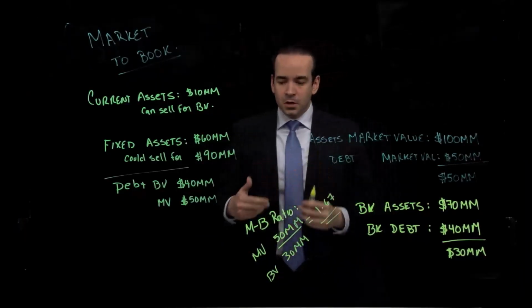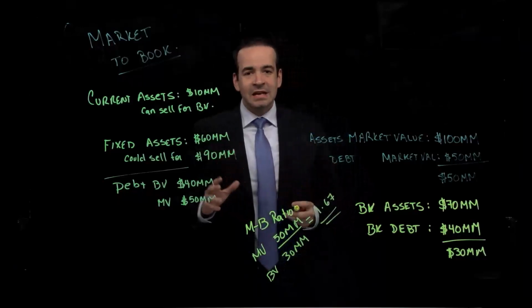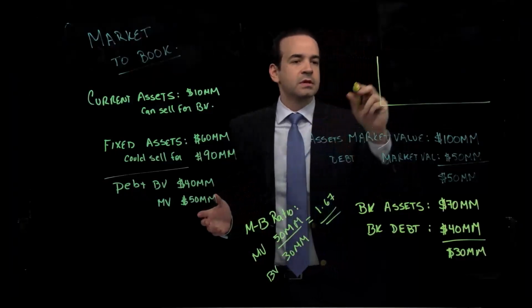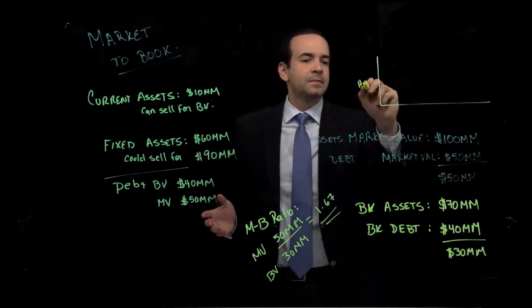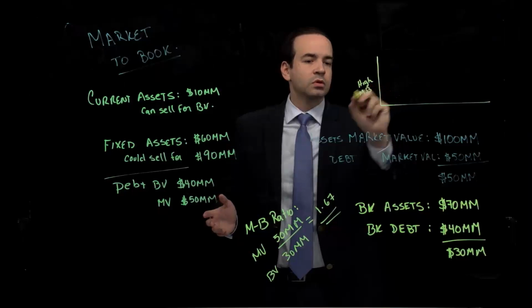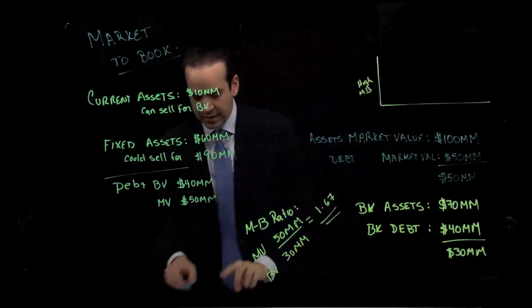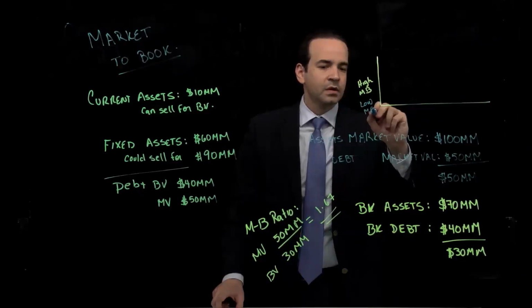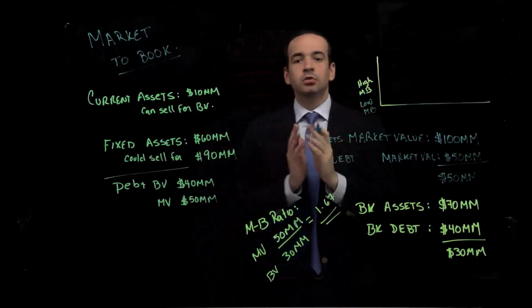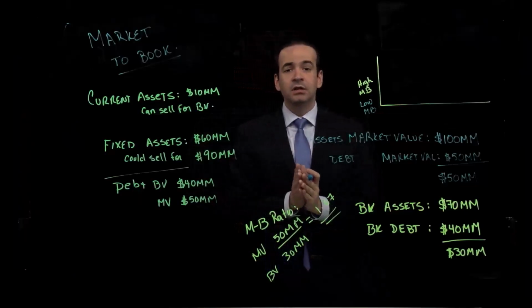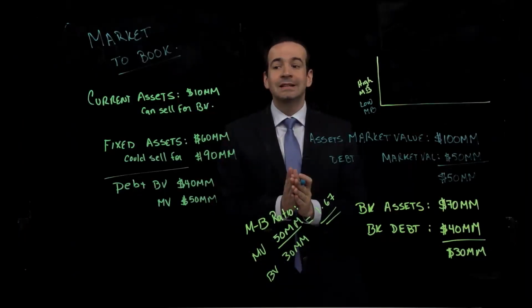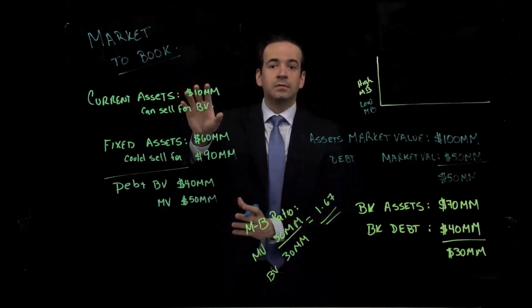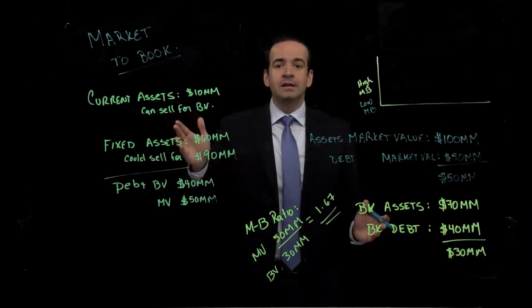Now, firms that are characterized by steady growth, so let's just assume that we have two firms, and we will have a high market to book, and then we will have a low market to book. What does a high market to book value imply? A high market to book ratio implies that the difference between the market value of the firm and the book value of the firm is wide, is substantial.